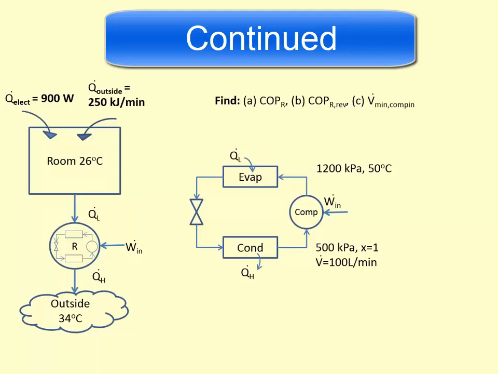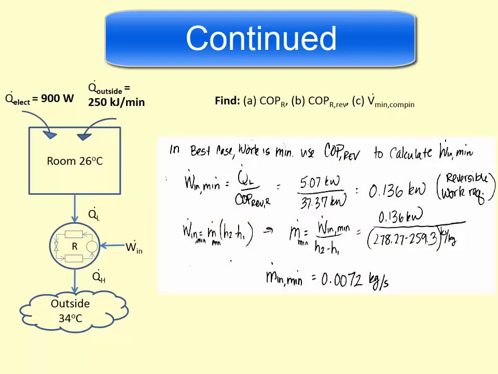Okay, so work in for the best case scenario, if COP for the reversible case is equal to Q_L over W reversible in, then we can calculate the reversible work is equal to Q_L over the coefficient of performance for a reversible heat engine.